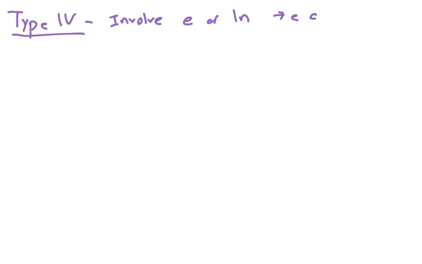And then our last type, type 4, are equations that don't involve your normal logs. They involve e or natural log. Now, e and natural log are inverses.